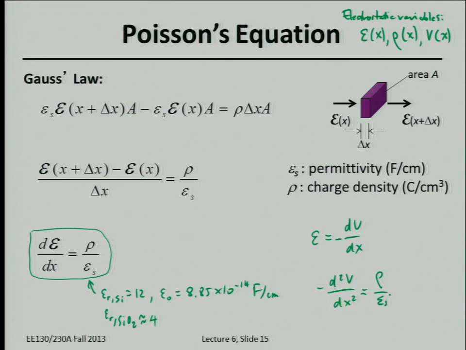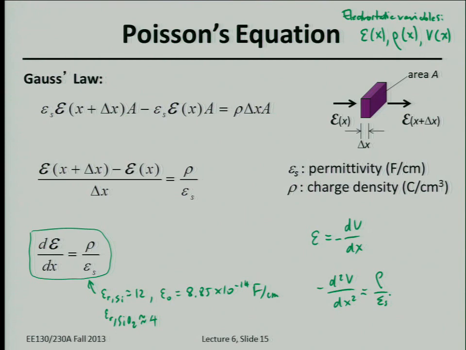When we start going through the semiconductor devices next time, we usually start with charge as a function of distance. From that, we can integrate to find electric field as a function of distance. Ultimately, what we're most interested in is the voltage as a function of distance, because that will tell us, when we apply voltage to our device, where the voltage drops.